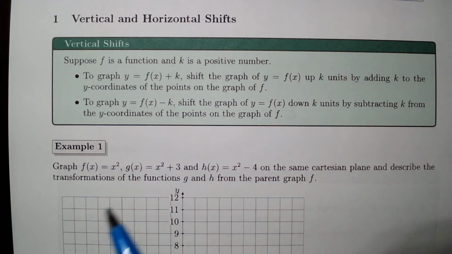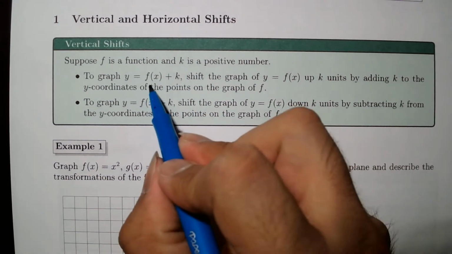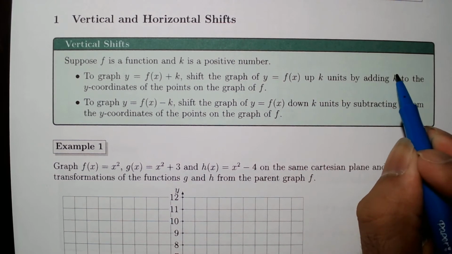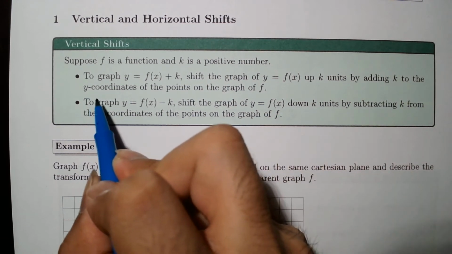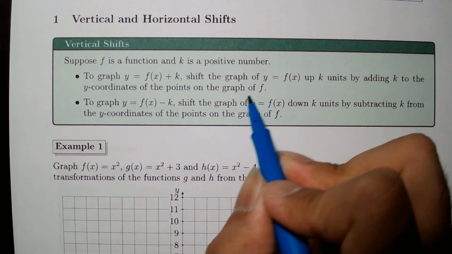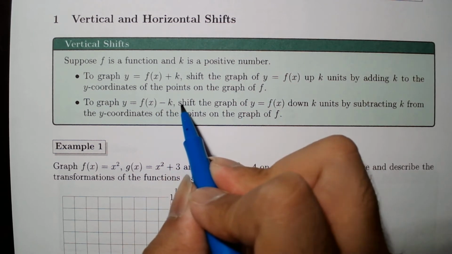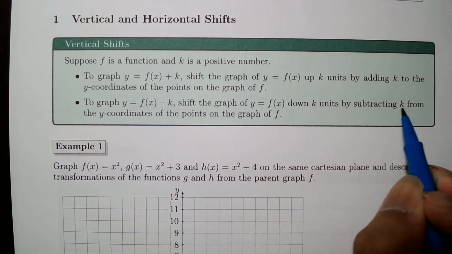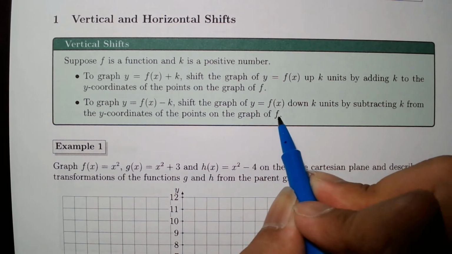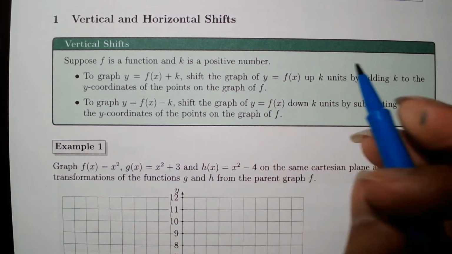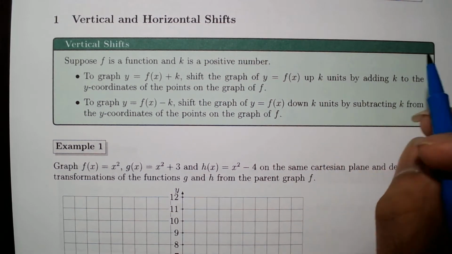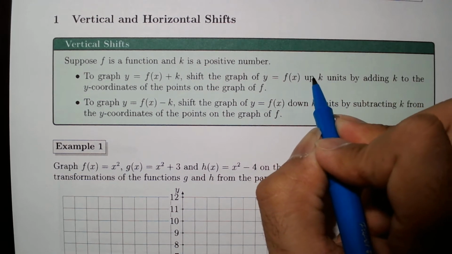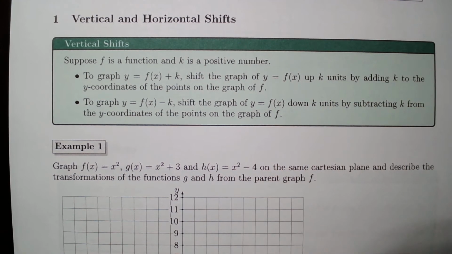To graph y equals f of x plus k, all we do is add k to the y coordinates of the points on the graph of f. Otherwise, if k is negative, we subtract k units from all the y coordinates of the points of the graph of f. In this case, this shifts down k units, and in the previous case it shifts up by k units.